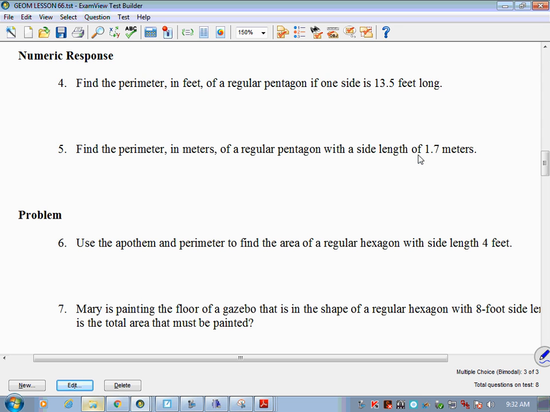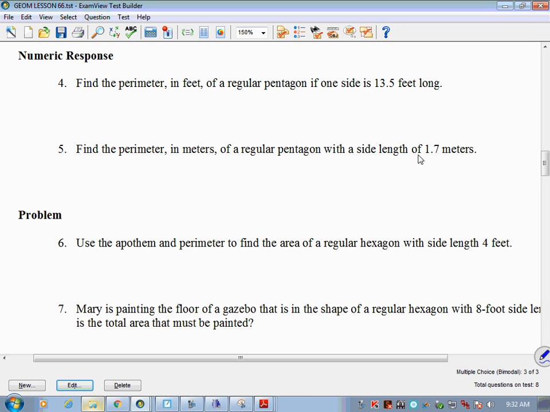Number 4. Okay, notice that this doesn't give you a picture. It says find the perimeter in feet of a regular pentagon if one side measures 13.5 feet long. This is actually easier, right? It's a pentagon. Pentagon has how many sides? 5 sides. It says that it is a regular pentagon, which means each side is what?